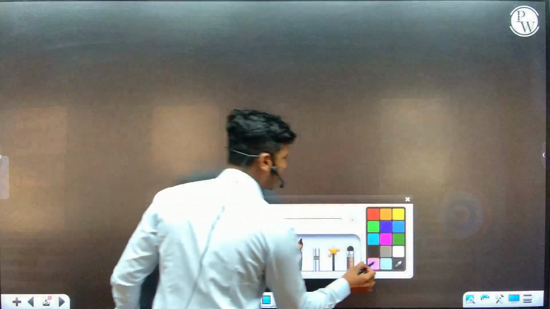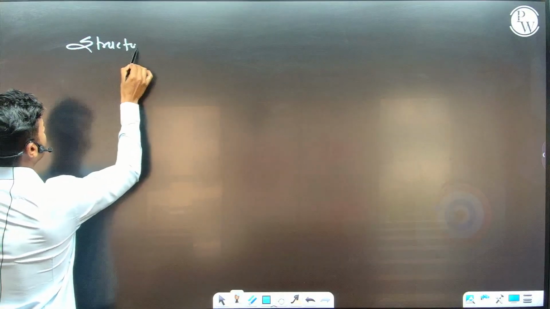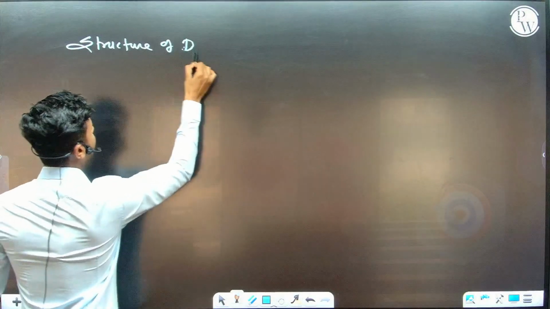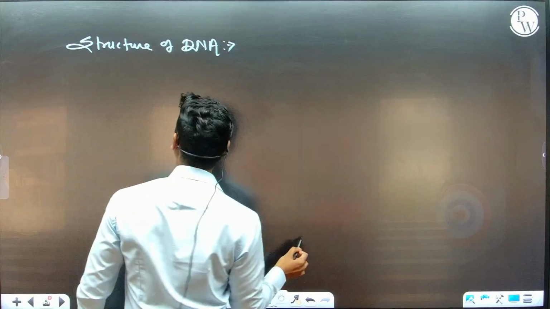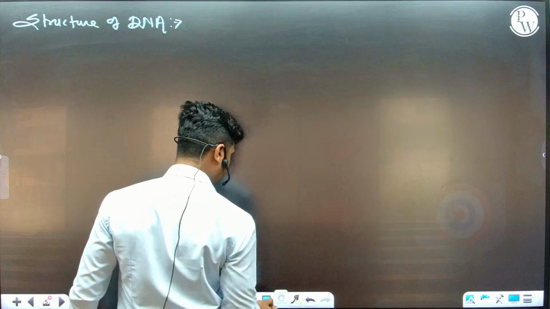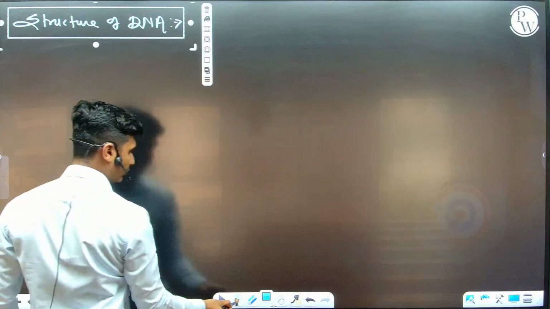I am giving here a title, that is the structure of DNA. So this is the title, and the structure of DNA is the topic we are going to discuss today.